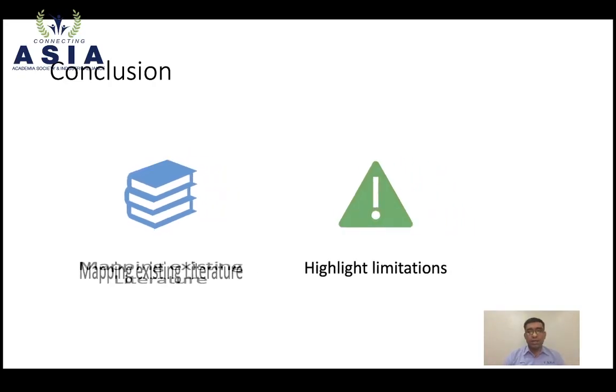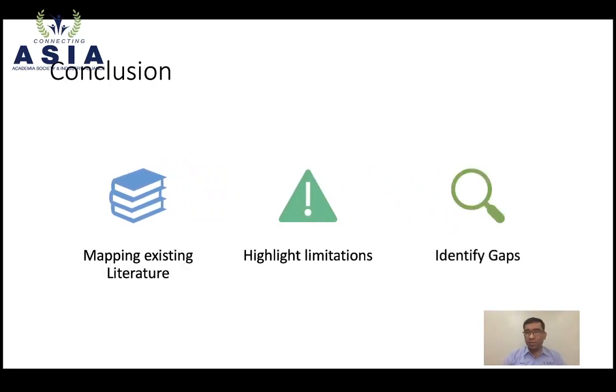Okay. Next one is basically you need to identify the gaps. What are the key areas which have not been covered yet? Very important. So okay, now the triple bottom line is clear. So where is the future? What do you see? What has not been covered in the past literature? That is where your research question is.